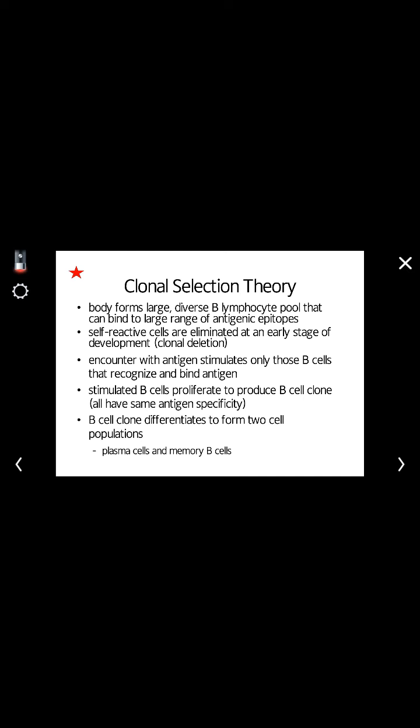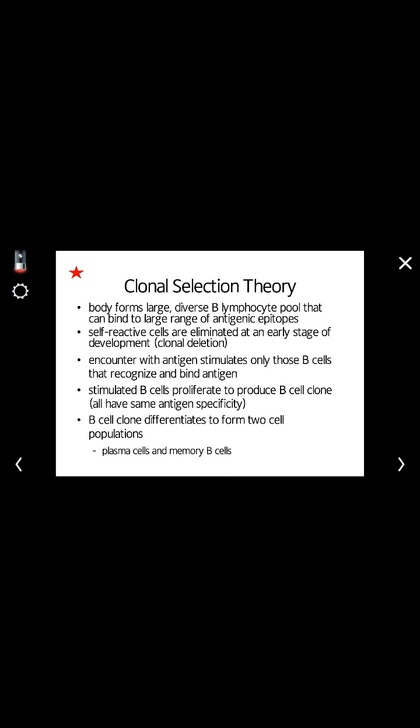Basically, clonal selection theory says that the body forms a lot of diverse B lymphocytes, or B cells, that combine to a huge number of antigens, and any self-reactive cells are thrown out in the early stages of development because you don't want to be reacting with yourself.